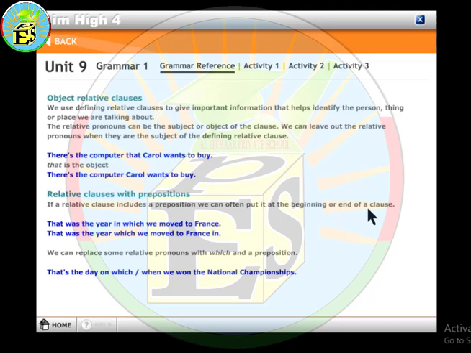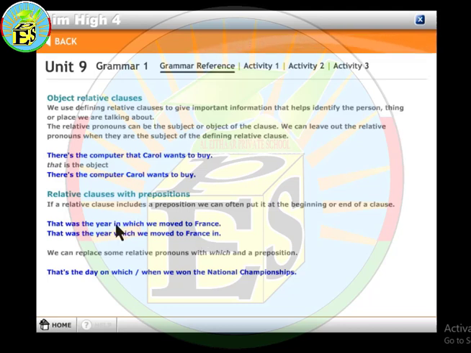We can write it at the beginning of the clause or at the end of the clause. Both of them are correct. Look at this example. That was the year in which we moved to France. This is a way. Another way: that was the year which we moved to France in.